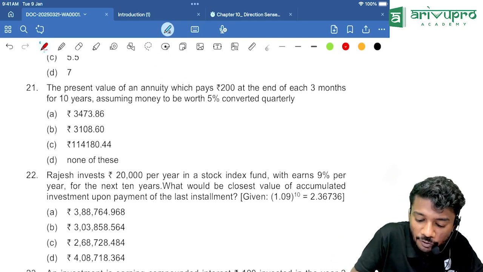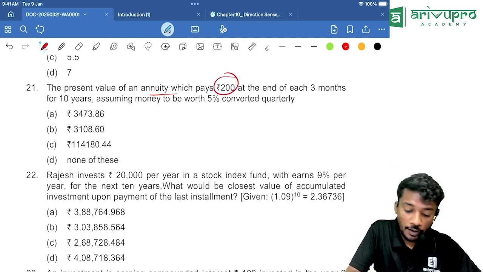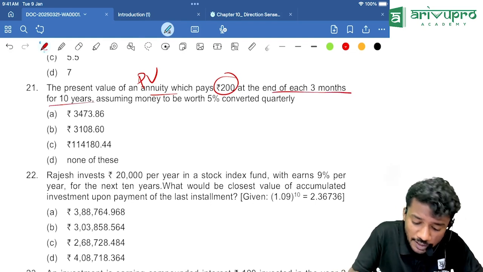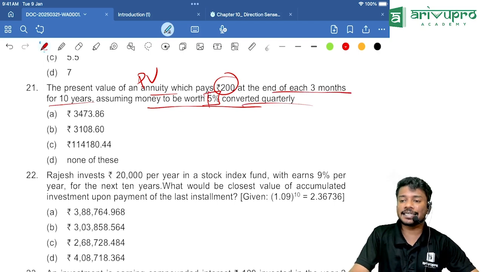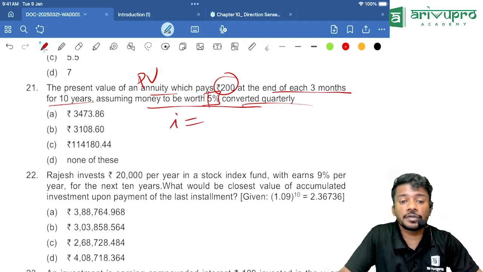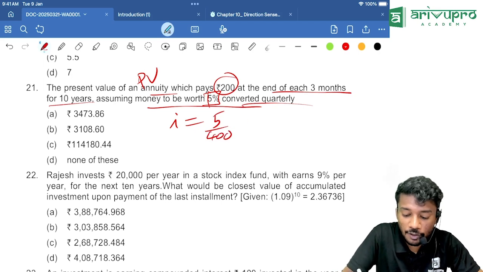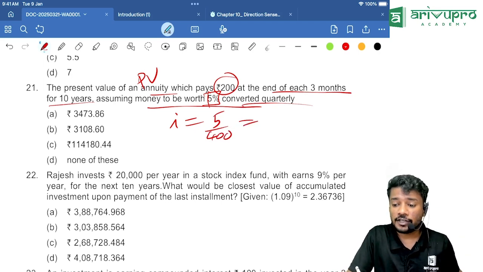The present value of an annuity which pays 200 at the end of 3 months, for 10 years, assuming money to be worth 5% converted quarterly. So, i value is how much here, people? 5 divided by 400. Always use the calculator with the left hand.